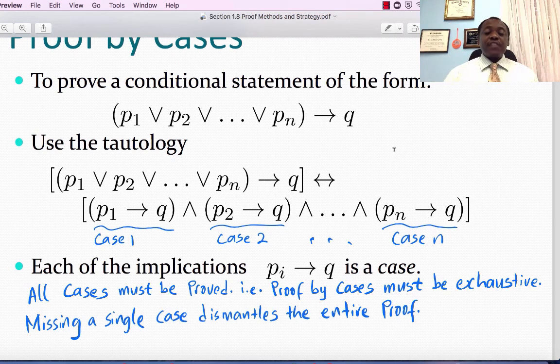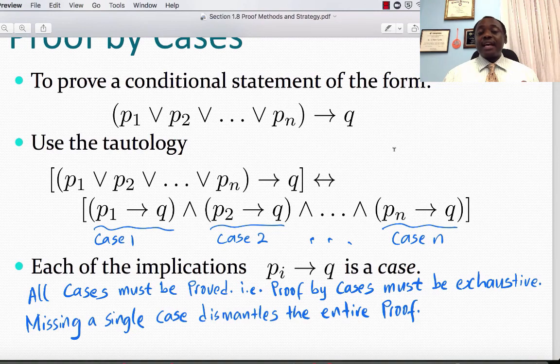Of course, if I say something holds for every element in the set S, and the set S has 1, 2, 3, 4, 5 elements, that makes it really easy. I just have to verify that it holds for the first element, and the second element, and the third element, and the fourth element, and the fifth element, and I'm done.